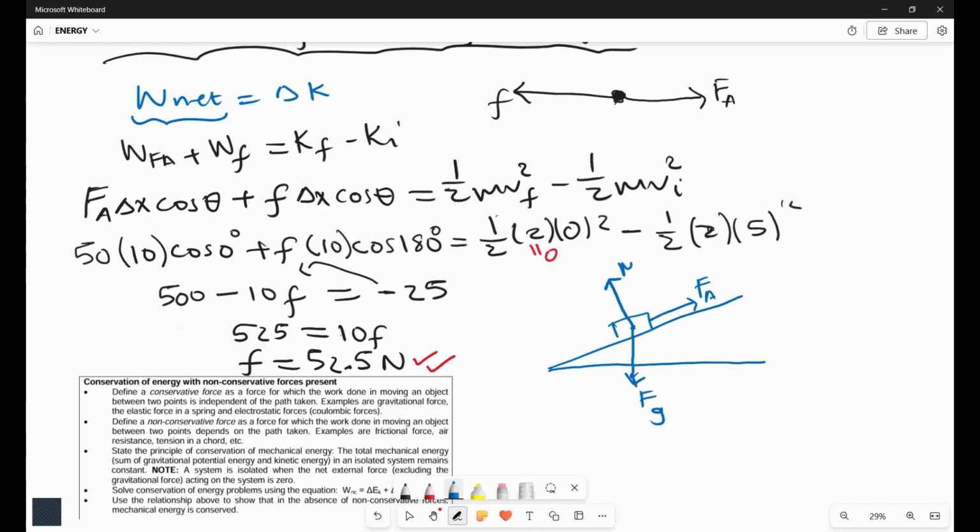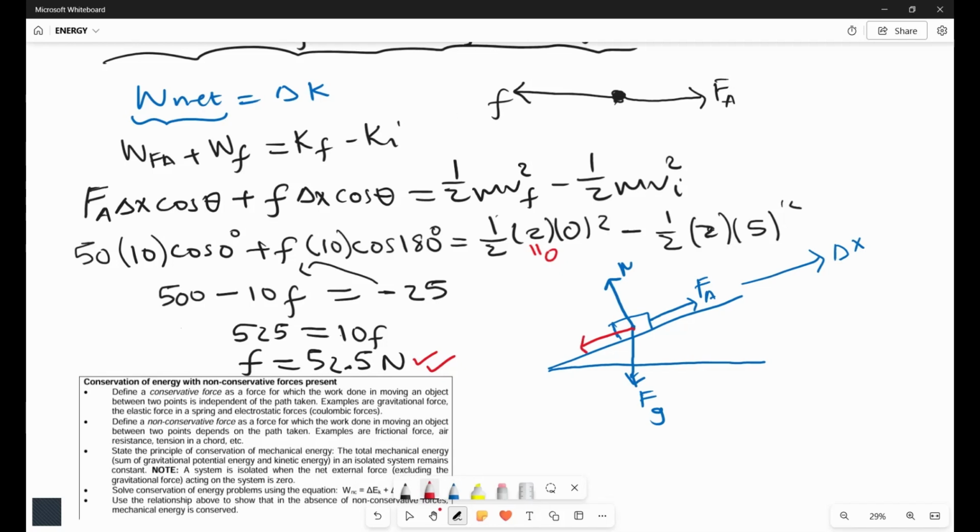Here we have nothing, no friction. But now let's say our object is displaced up the incline. What's going to happen is that the parallel component of Fg comes in, remember Fg can be broken into its components.